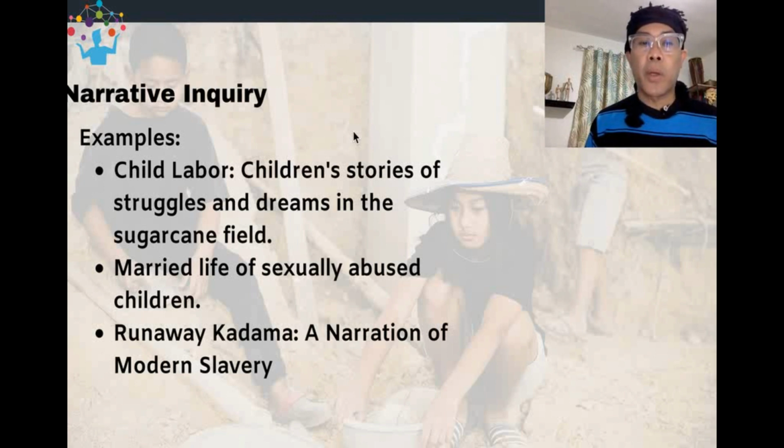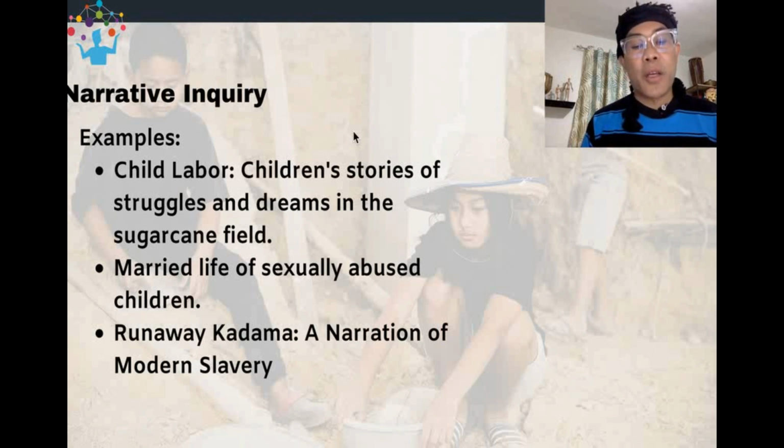So when you're looking into narrative inquiry, it will bring you different stories, and that will give an idea that, in Tagalog, parang iba-iba ang pinagdadaanan o iba-iba ang pinanggagalingan at iba-iba rin ang pagdadala ng mga, for example, mga batang naabuso.